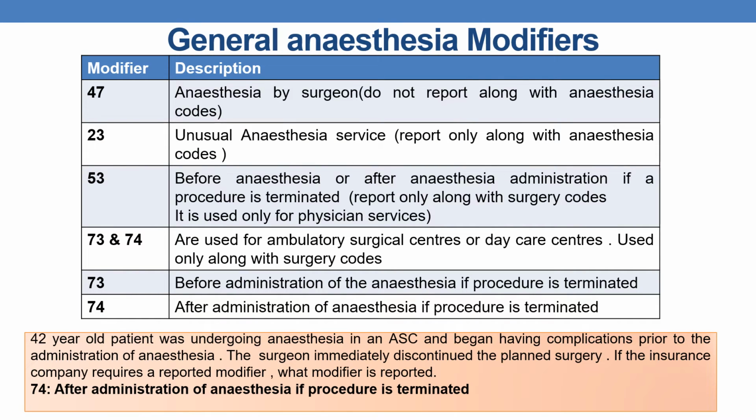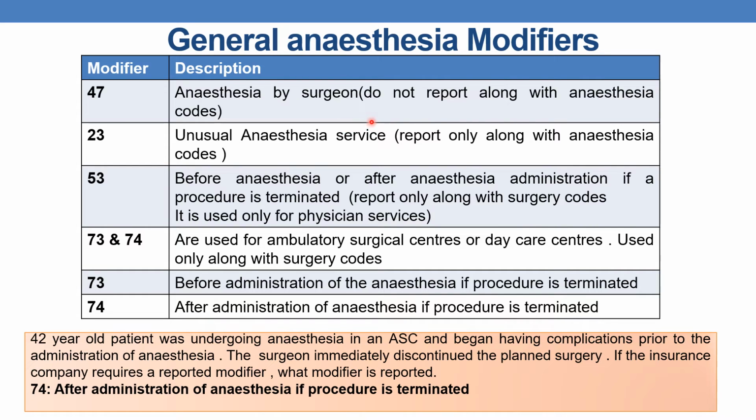Now coming to general anesthesia modifiers. The various general anesthesia modifiers are 47, 23, 53, 73 and 74. First we'll discuss modifier 47. This is reported when anesthesia is administered by the surgeon. Whenever the surgeon administers the anesthesia, you must report modifier 47.